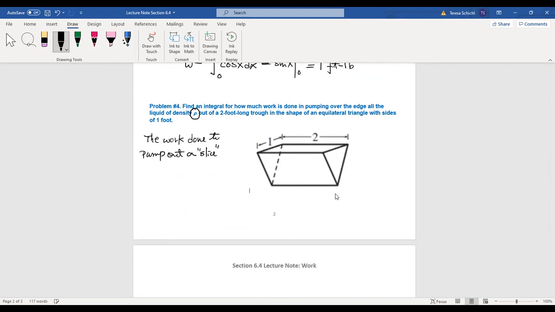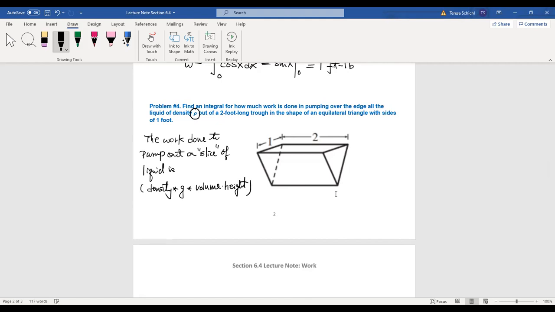Remember the Riemann sum concept, right? A thin slice of the liquid. All right, so what is the work done here? Density times gravitational g times the volume, times the height.